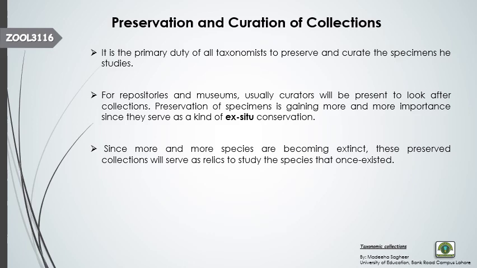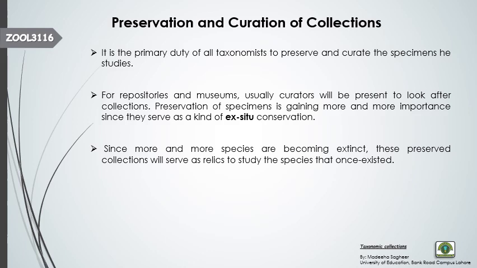When we think that some kind of species is going to go extinct soon, we need to collect the specimens of those species, and we need to conserve them or preserve them, because they will provide the ex situ conservation for that species. Ex situ conservation means the same as, if we talk about wildlife, if we think that lion, tiger, or elephant species are going to be extinct, we take them to the zoo, for example.